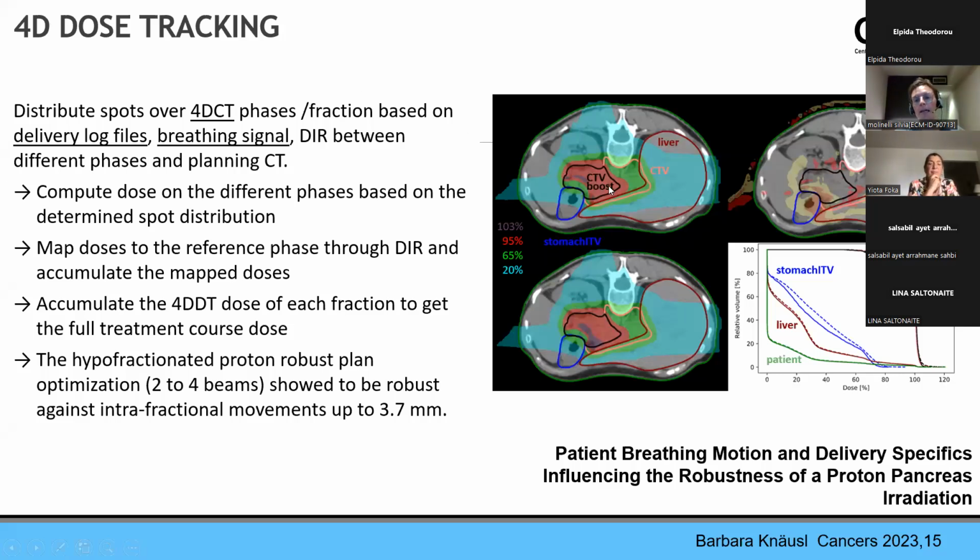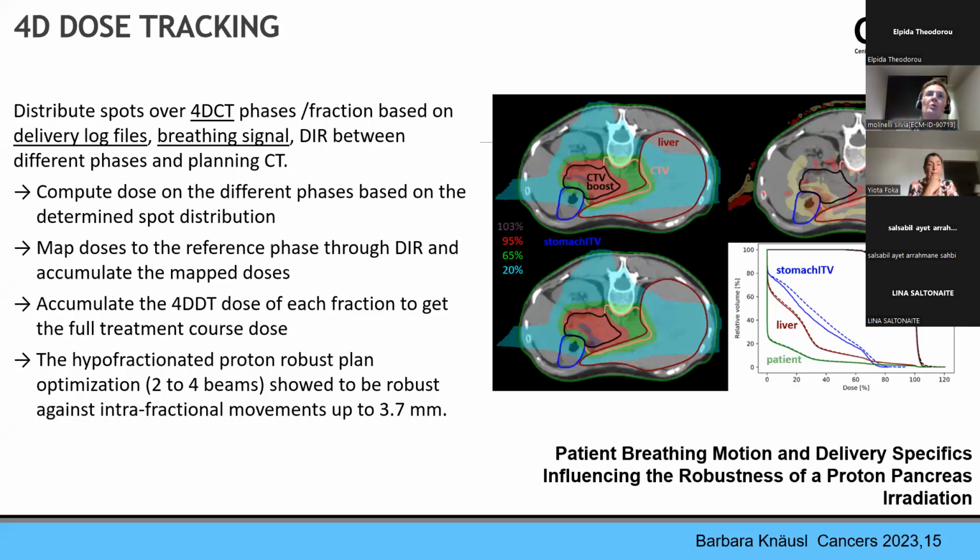It's basically a reconstruction of the real dose delivered to the patient based on treatment log files. So log files from the machine, from the dose delivery system, which tell you where particles were actually delivered, synchronized with the breathing signal, so that you can know in which breathing phase a certain spot was delivered.